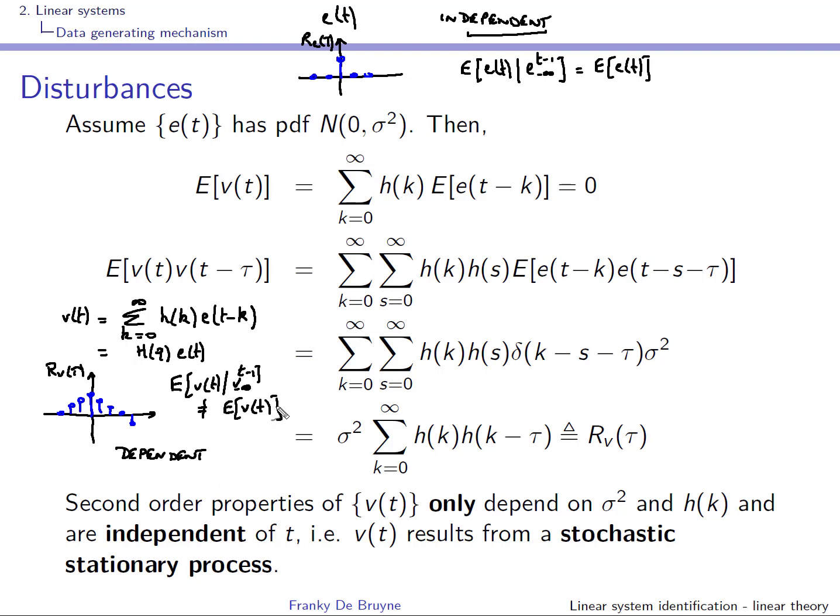So this will be used in order to predict the value of v at time t, because if you know previous values of v, this will help you in obtaining a prediction of v(t) at time t.